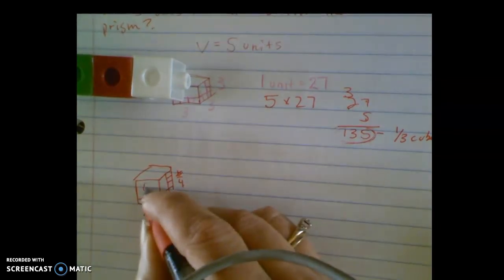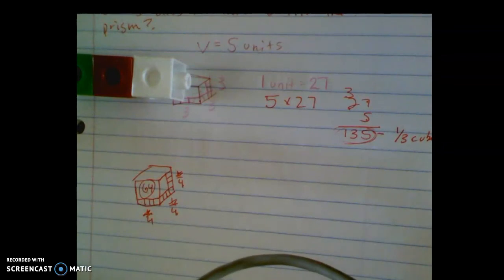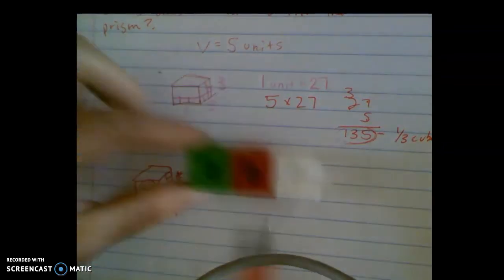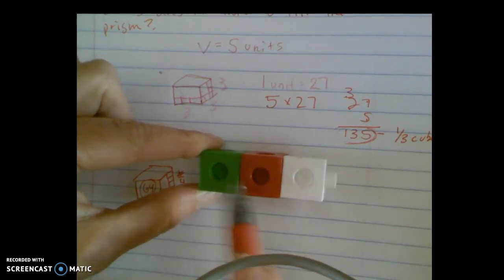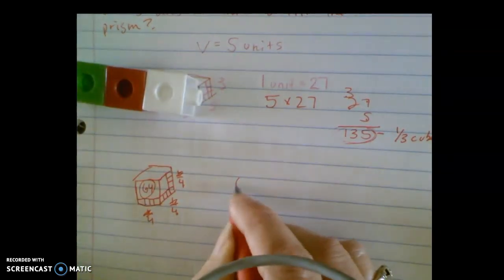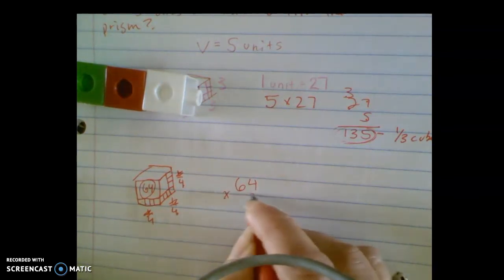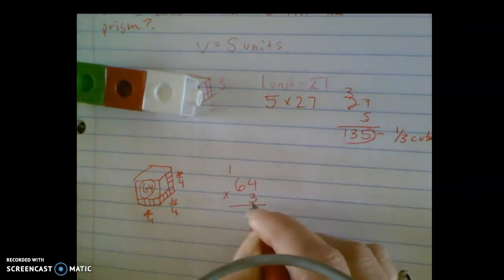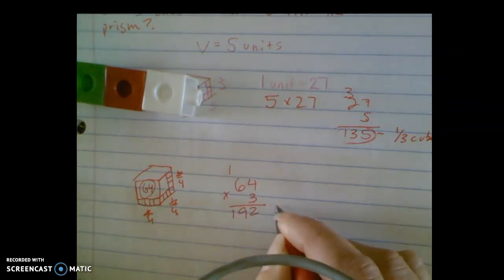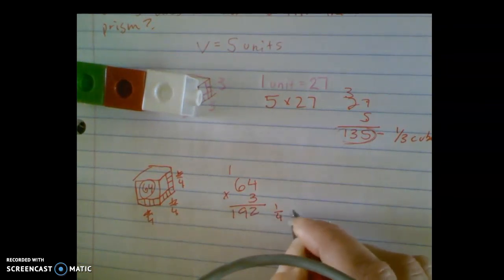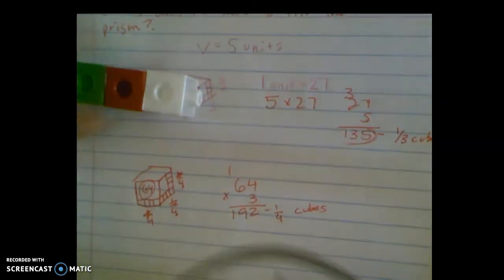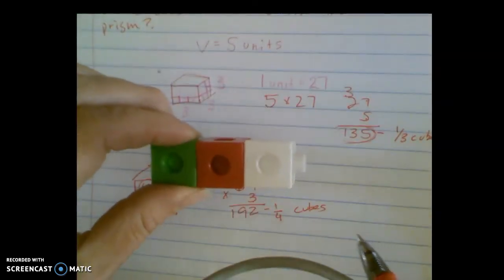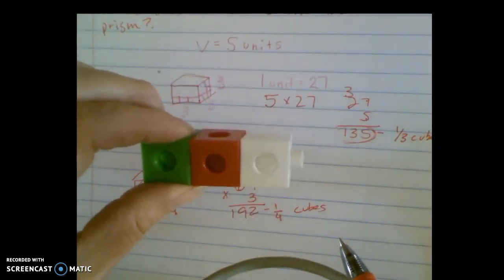So one of the cubes takes 64 1/4 cubes. So that means I have 3 groups of 64. So 64 times 3 gives me 192 1/4 cubes to fill that 3 cubic rectangular prism.